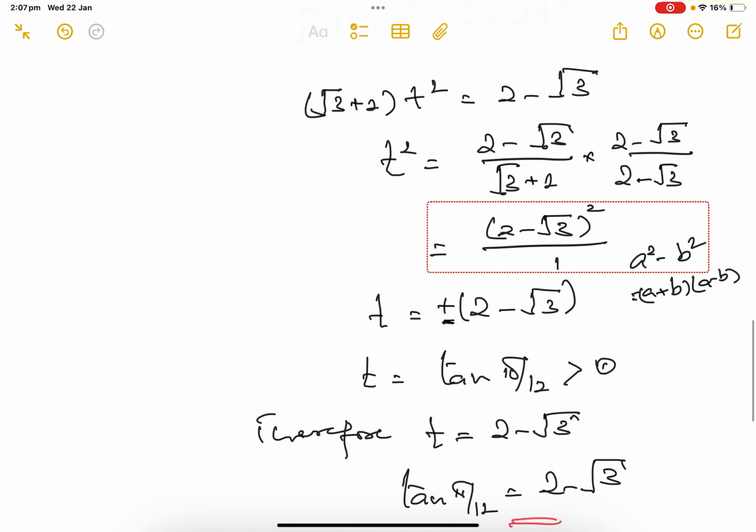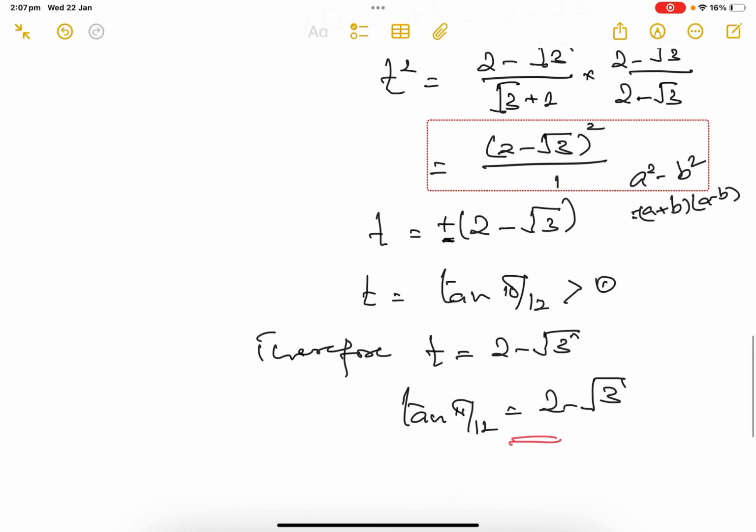And this is t squared. So t is plus or minus 2 minus root 3. But we know that t is tan pi by 12. It's a positive angle, therefore tan of a positive angle is positive. So the minus will be negative, therefore minus will not be the answer.